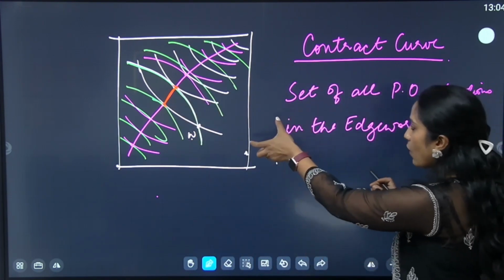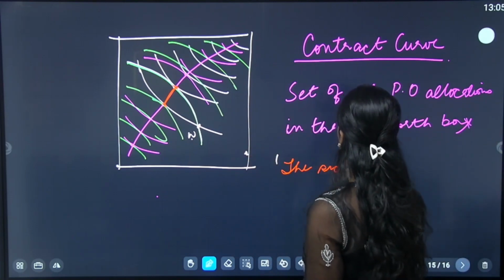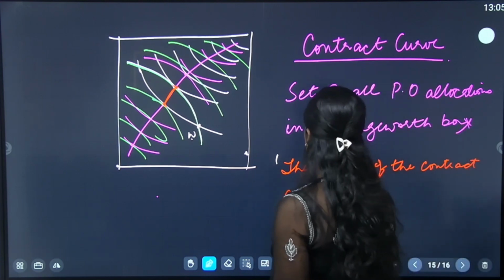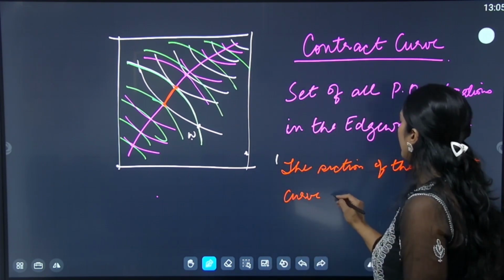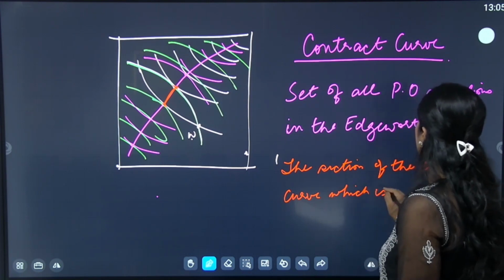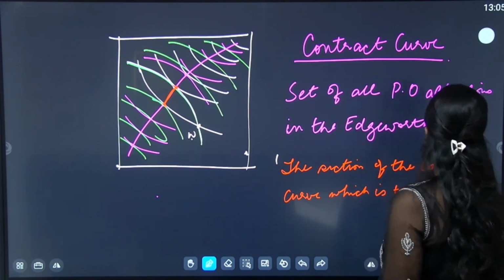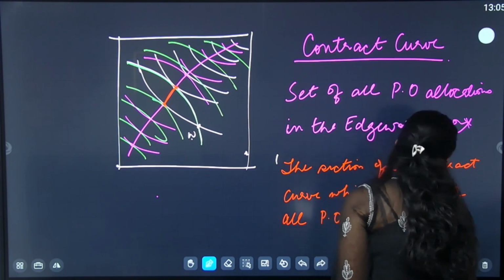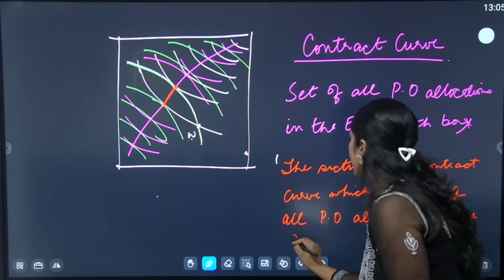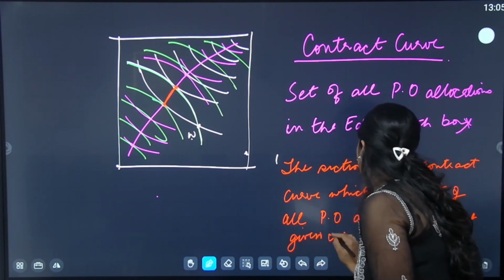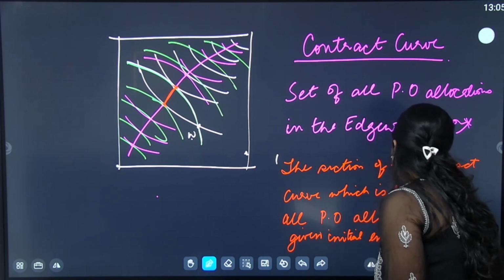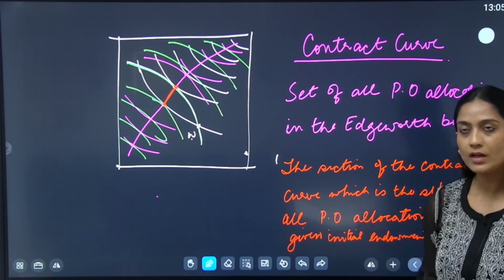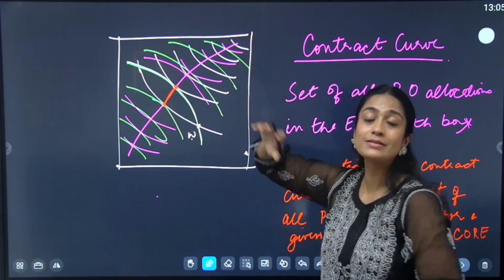So this section of the contract curve, which is the set of all Pareto optimal allocations for a given initial endowment, this is called the core. So in the entire Edgeworth box, the set of all Pareto optimal allocations is the contract curve.